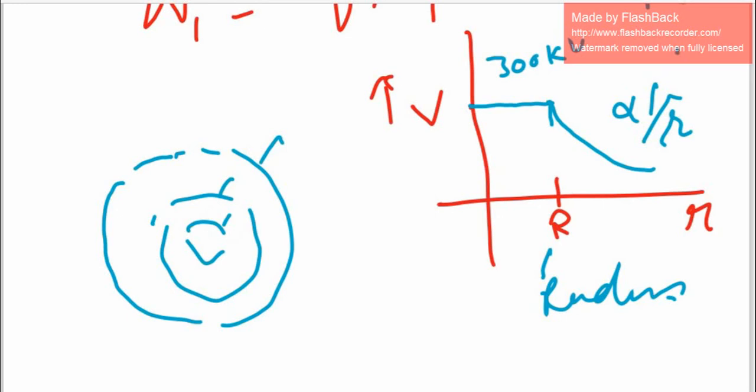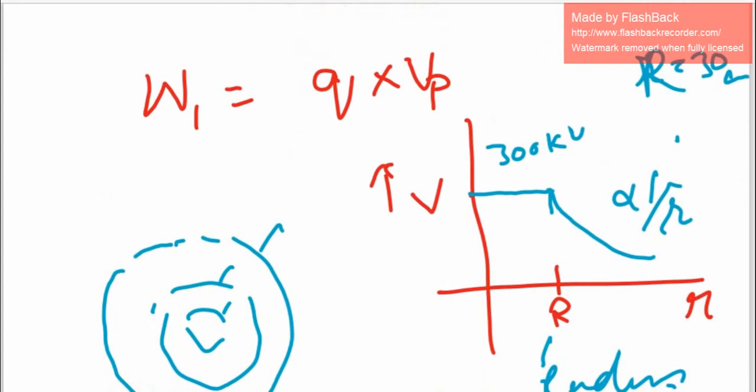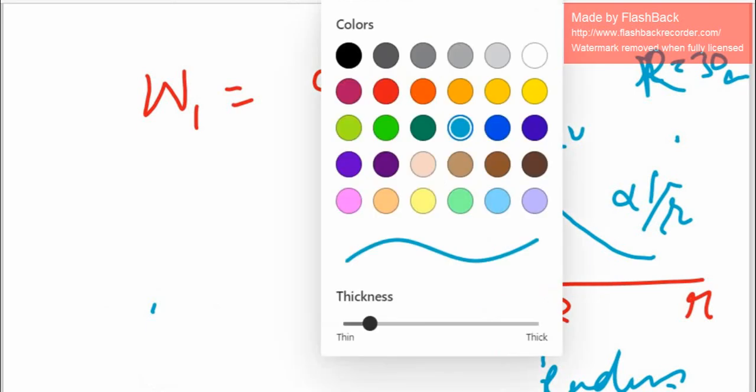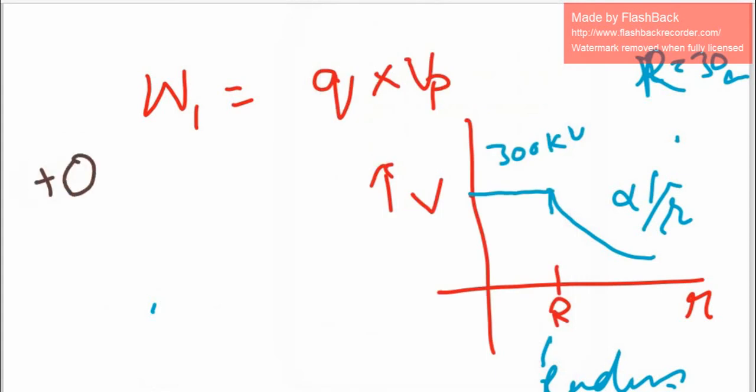Suppose that we have more than one charge. What happens if I have more than one charge? We have plus q1, and we have minus q2.